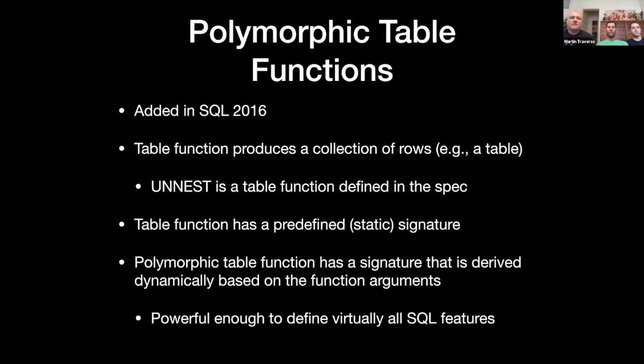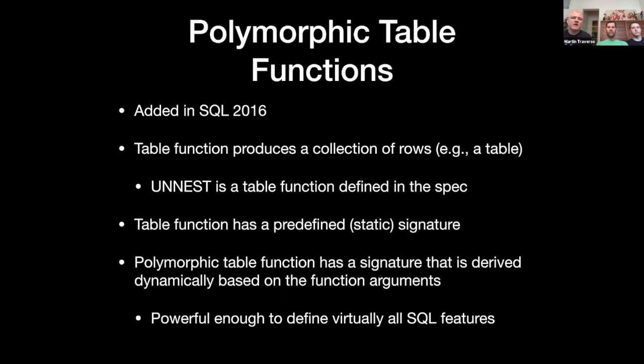This spec, it's worth actually Googling for. The spec committee produces a paper. They produce the full formal spec, which is very difficult to read, but for this one, they produced a paper that describes in a much more human readable format how you can use polymorphic table functions.